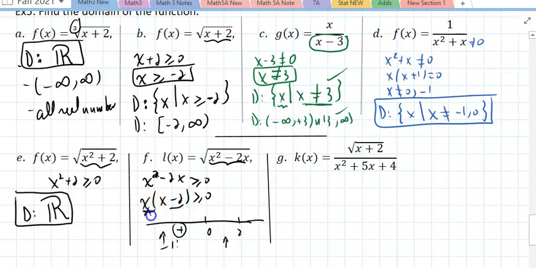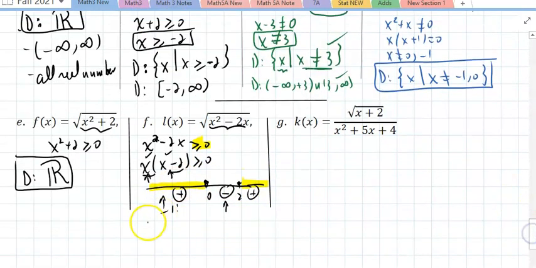A 1 is positive. 1 minus 2 is negative. Positive times a negative is a negative. And factor 3, positive. 3 minus 2 is positive. I want to know where is this bigger than 0, meaning positive. And those are included. So in this case, I would say domain would be -infinity to 0, union with 2 to infinity.